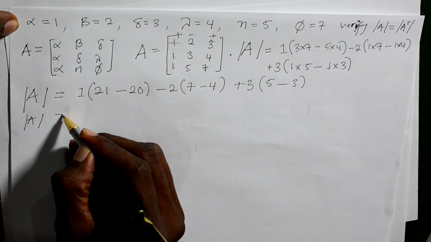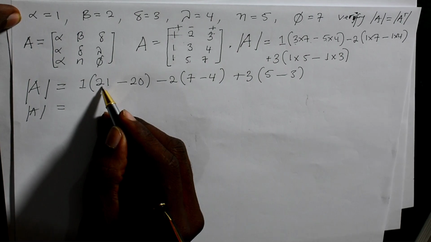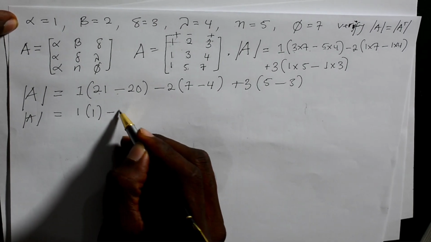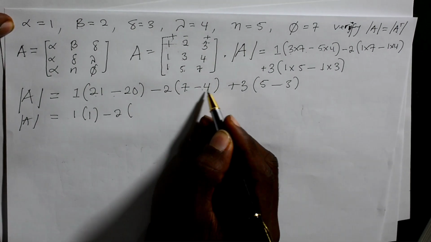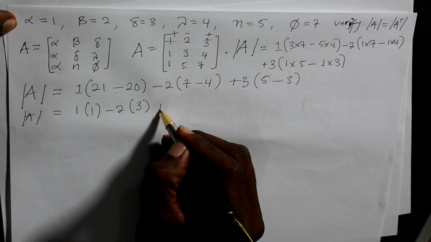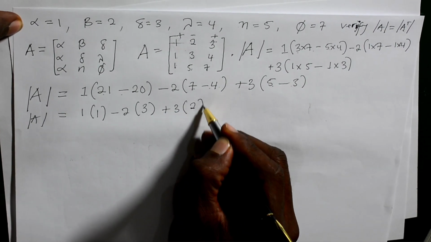Then A determinant will be equal to 1 into 20 minus 20, that means 1 into 1, then minus 2 into 7 minus 4, that is 3, then plus 3 into 5 minus 3 is 2.